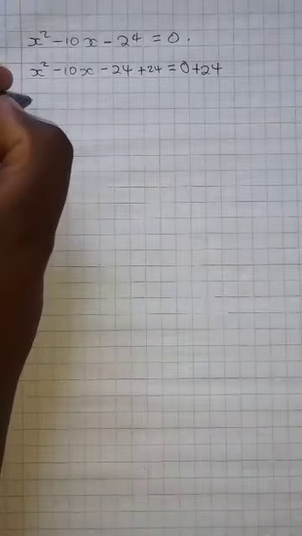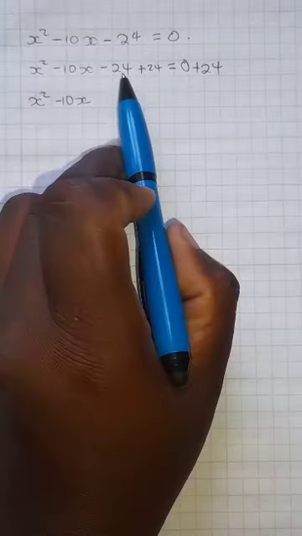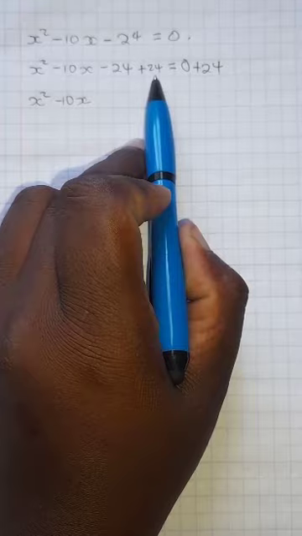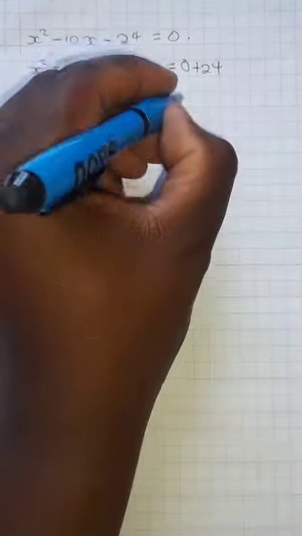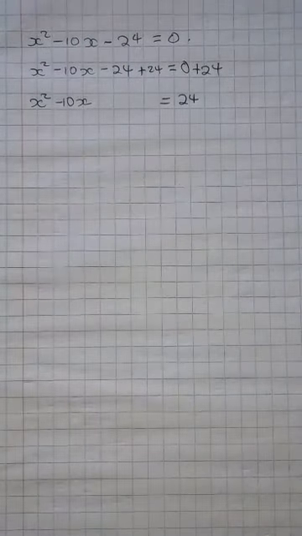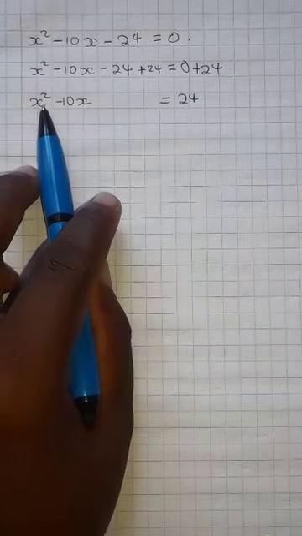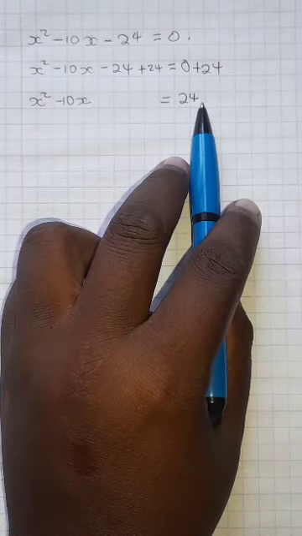It gives us a 0 on the left, and on the right 0 plus 24 is 24. So this is what we have now: x squared minus 10x is equal to 24.